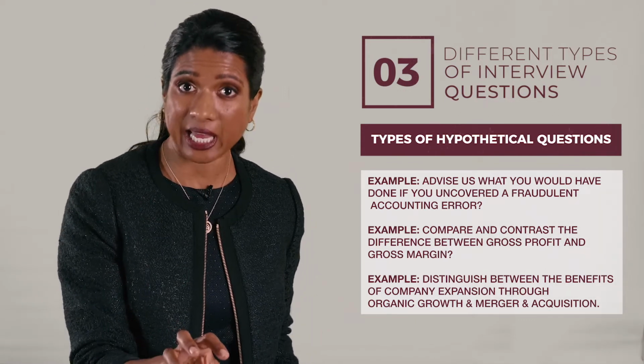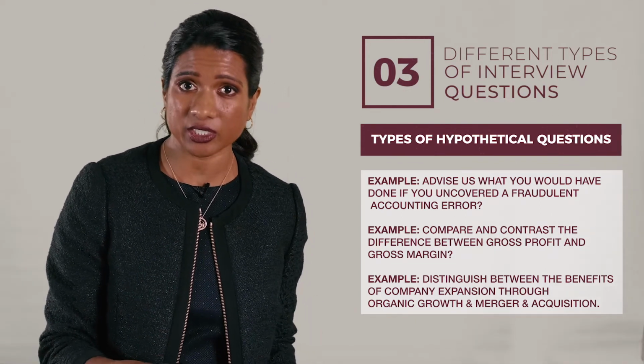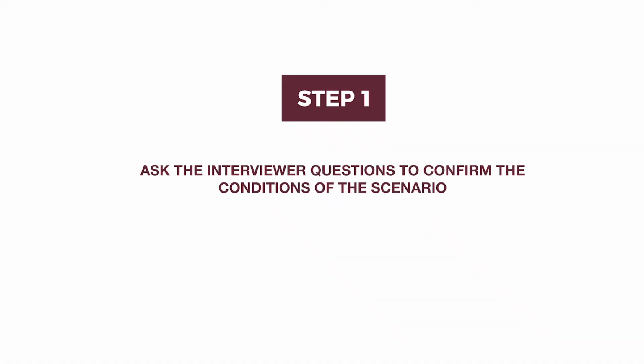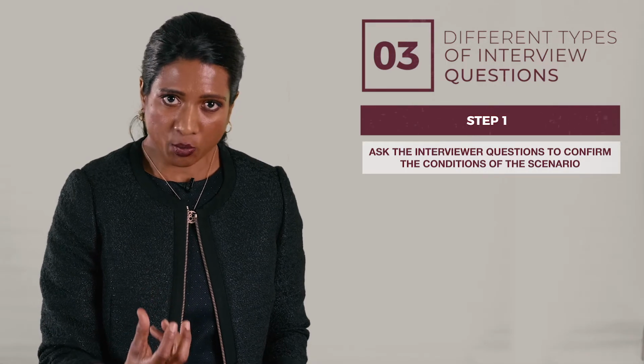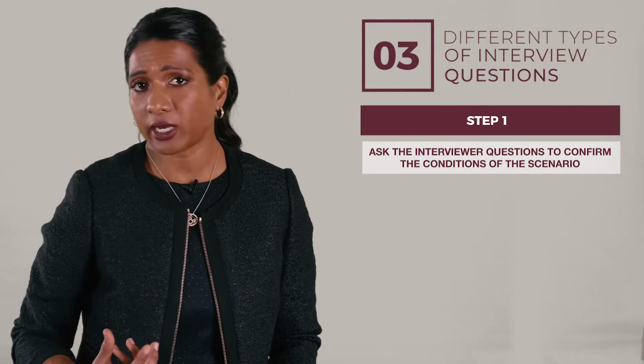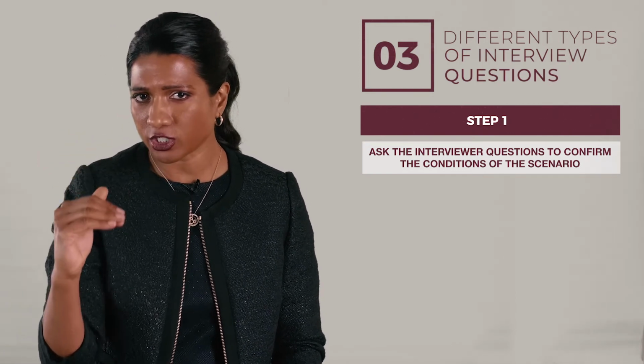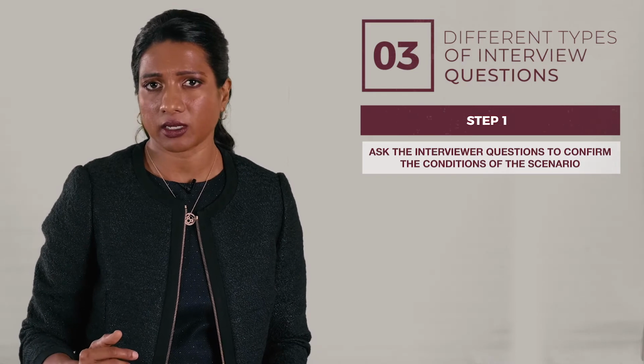But if it really is hypothetical and you haven't been in this situation, this is the approach and structure for your answer. You would first ask your interviewer to confirm the conditions that exist. So you would ask them, okay, so this is me uncovering a fraudulent accounting error. Am I working on my own, or am I working as part of a team? So basically you confirm the conditions that this has taken place.